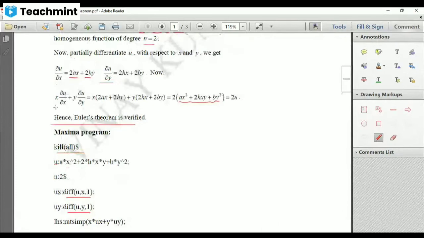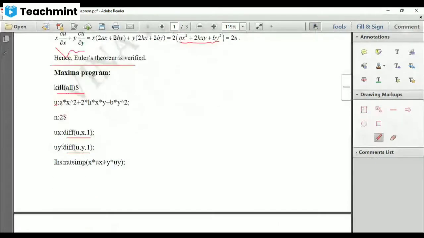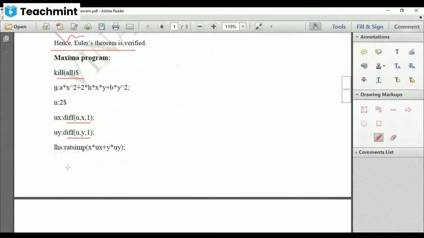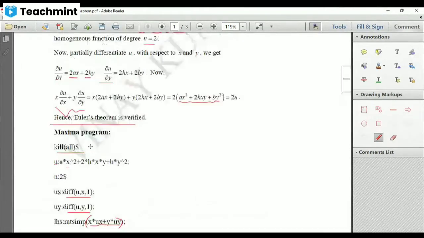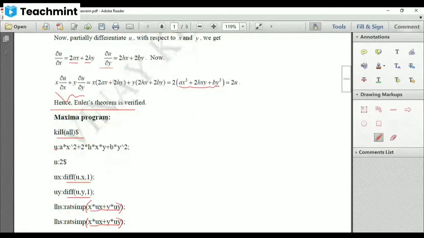Now let us find LHS, that is left hand side. LHS colon x into ∂u/∂x plus y into ∂u/∂y. But we want to simplify this. That's why we are using within simple brackets ratsimp, that is rational simplification, because this one does not contain any trigonometric identity. We are simply using rational functions.